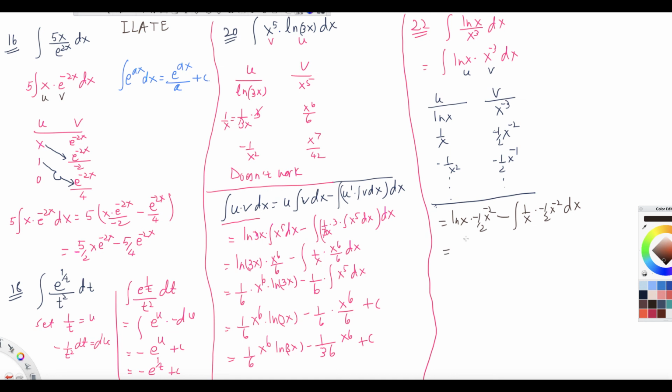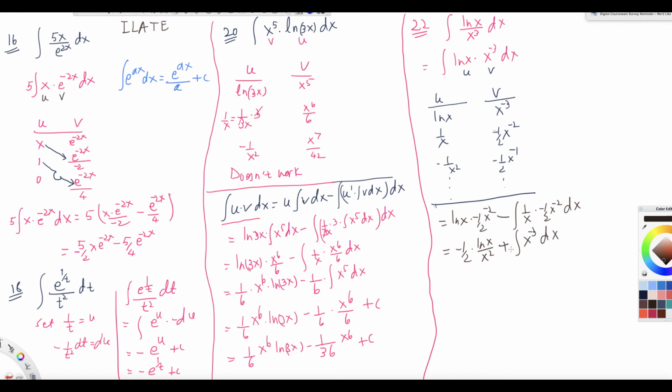So that will be negative 1 half natural log of x over x squared. This is minus times minus, which is plus, right? And how much is that? x to the negative 2 over x. You can move that x to the top, so it will be x to the negative 3, and then dx.